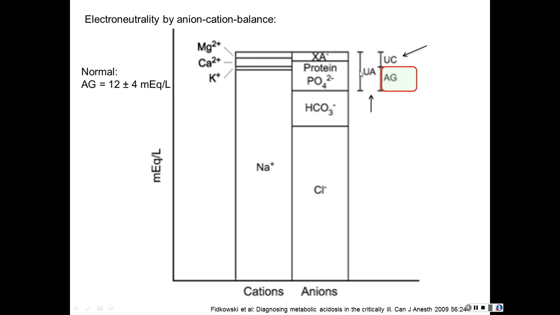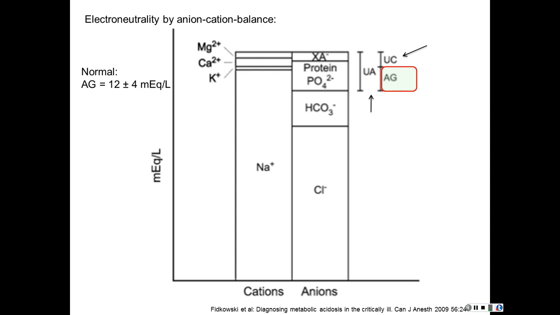And the unmeasured cations are supposed to match up here, and the amount of unmeasured anions that are not balanced by the unmeasured cations ends up being that anion gap. And so the anion gap usually includes proteins and or sort of approximates the amount of these other anions, the proteins, the phosphates, and the other inorganic acids in the system.